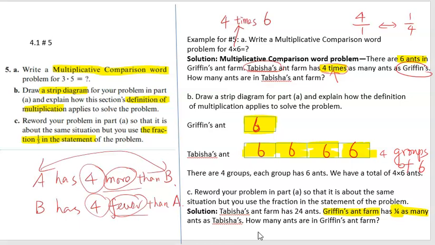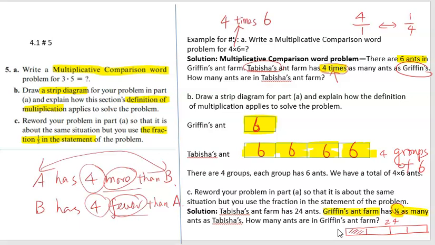But this problem can also be solved exactly the same way. Oh, I'm sorry, it's not the same problem. So we will have to draw Tabisha's ant farm very long. It has 24 ants. Griffin's is a quarter of it. Remember, we have to divide it into 4 equal parts.